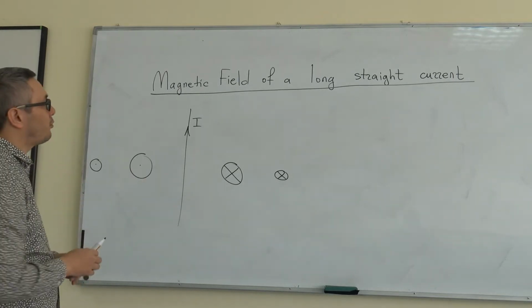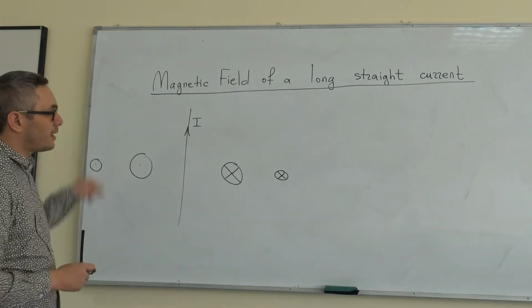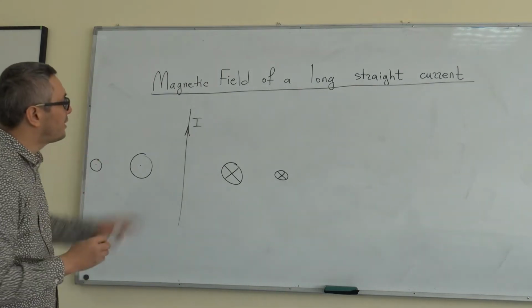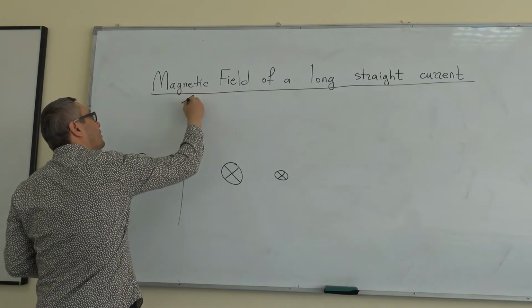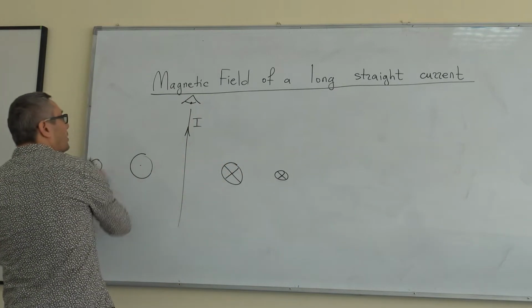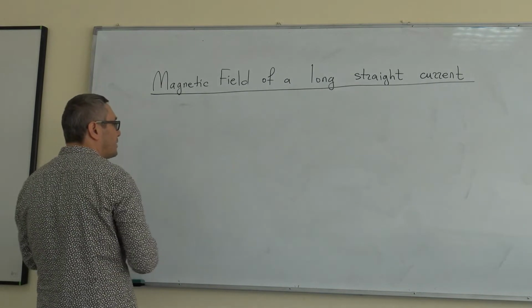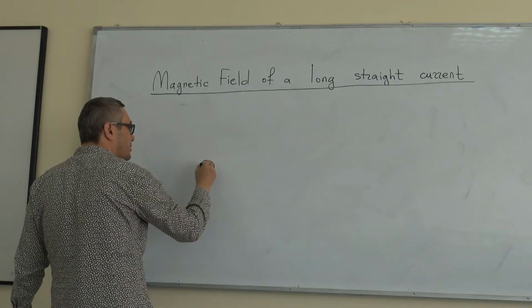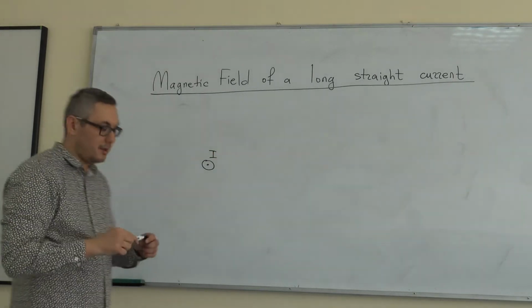Now let's look at what happens to the magnetic field lines when we look at the same picture but from the top. Let's say that we're now looking from here. If we look from the top, then the current would be pointing towards us. So this is now the current. The current is flowing towards you.